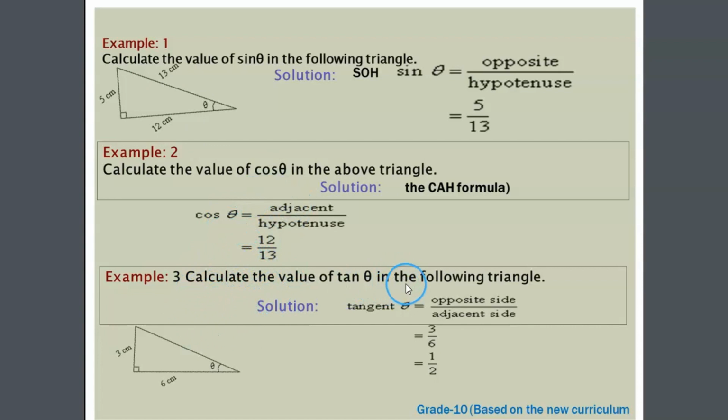ኤግዛምፕል 3: calculate the value of tan theta in the following triangle። You know the formula for tan means opposite over adjacent. Tangent by the way opposite over adjacent የሚለው ፎርሙላ የመጣው tan sin over cosine ስለዚህ የሳይን ፎርሙላ ይሄንን ለዚህ ለኮስ ፎርሙላ ብናካፈል ምን ይመጣል? ኦፖዚት ኦቨር አድጀሰንት.